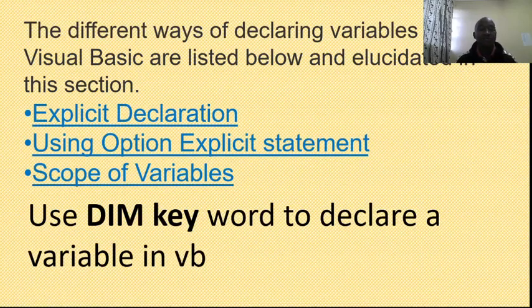Then we also can look at a variable in terms of scope of the variable, that is where it is declared. Therefore, we use the keyword dim to declare a variable in VB. For example, if you want to store a number, you can just say dim x as integer, dim x as double. X there is our variable which will contain values or store values later.